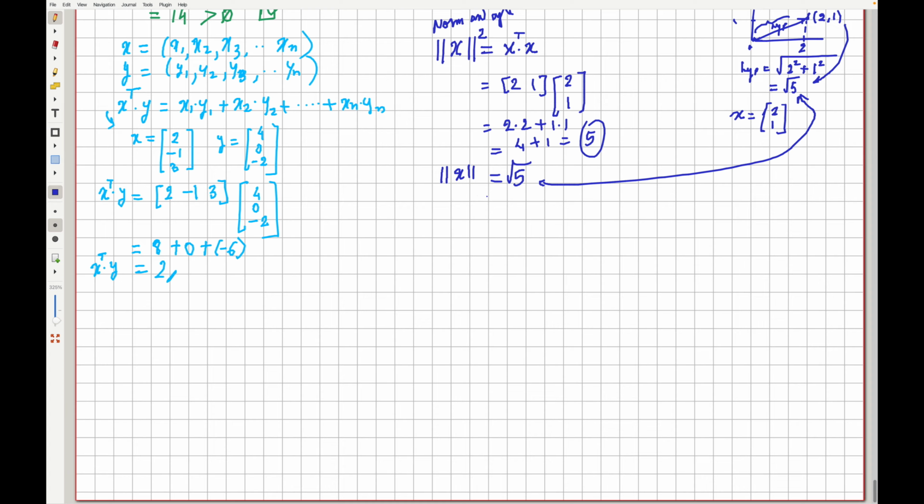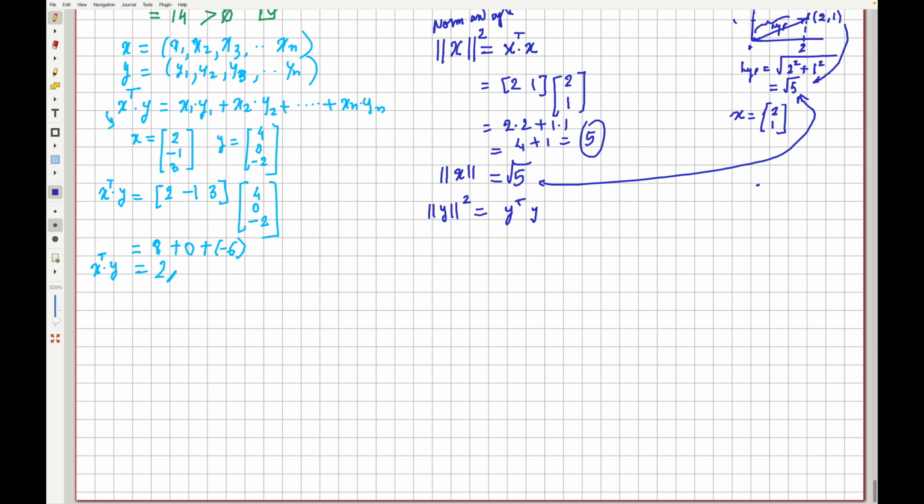That's one useful thing, because if we now do the same thing with y, we can use it to find the cosine of an angle, and that's the interesting part. So let's say we have a vector y, which we can draw somewhere here.